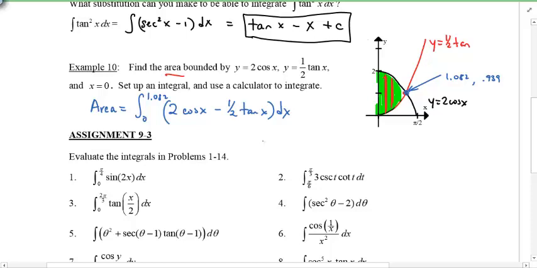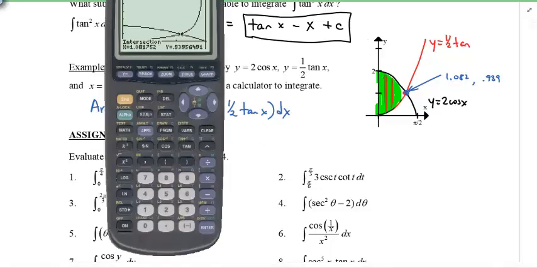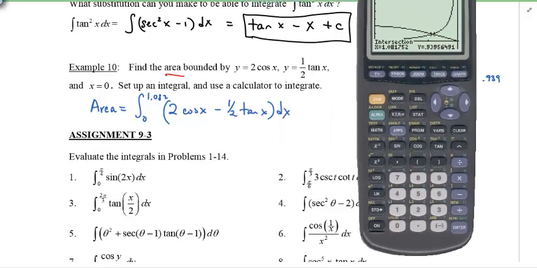And you cannot do this by hand, so hello calculator one more time. Okay, how about using the fnInt feature, number 9, in the calculation menu. I will take 2 cos x minus half tangent x.